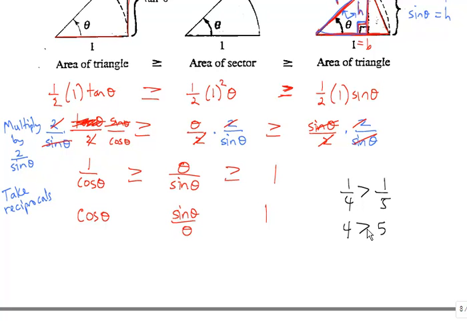No, it's not. You have to flip the inequality around to maintain its truthfulness. So when you take a reciprocal, you have to flip as well. In other words, this greater than or equal to flips into a less than or equal to, and this greater than or equal to flips into a less than or equal to.